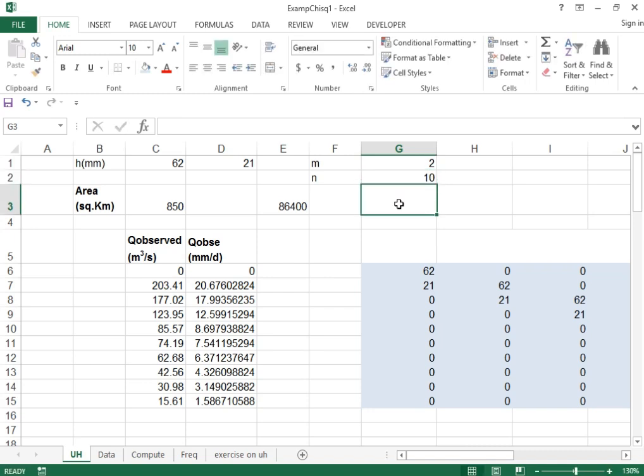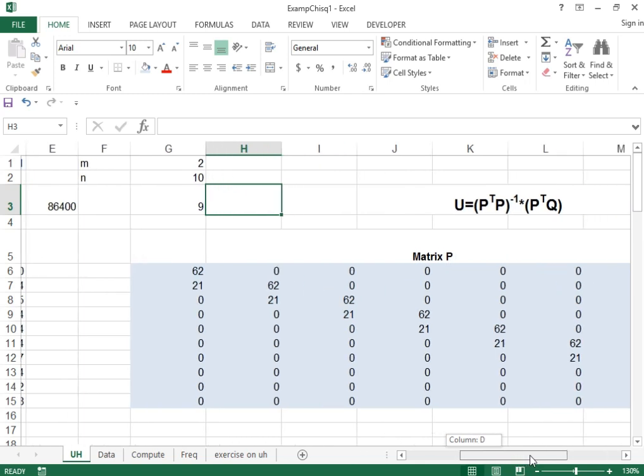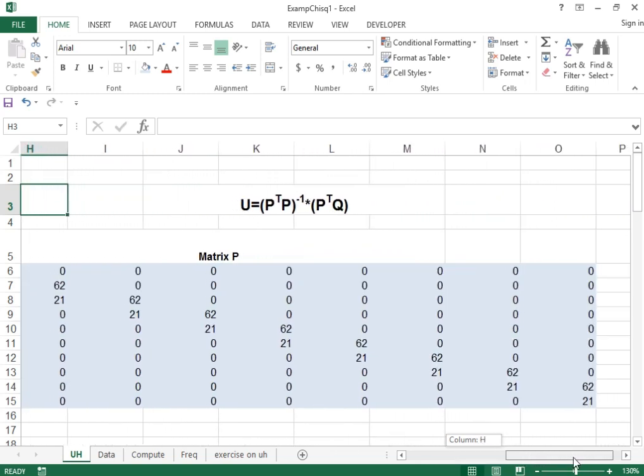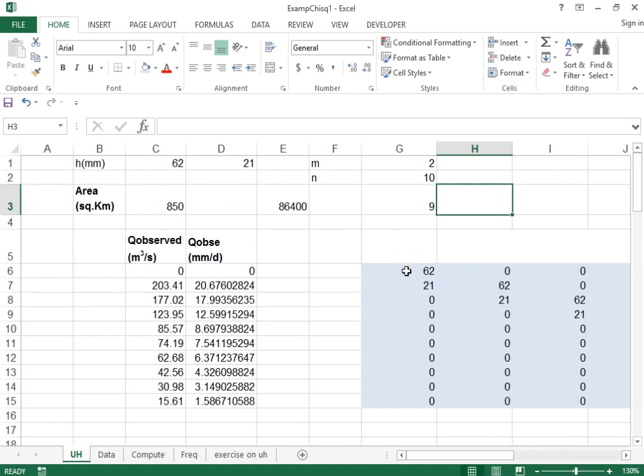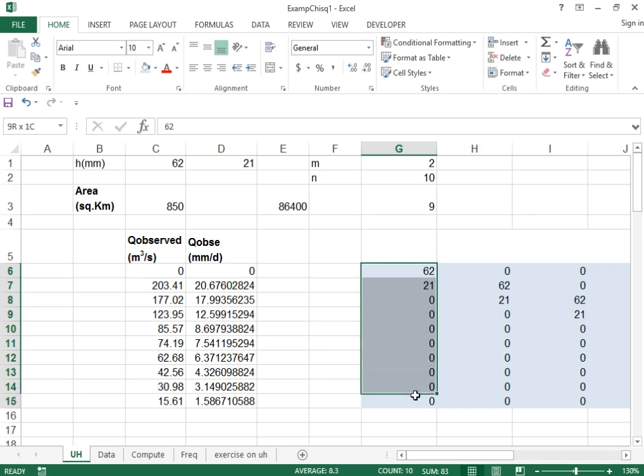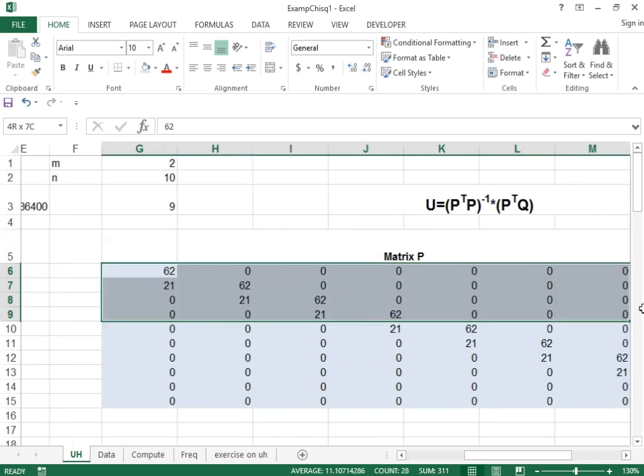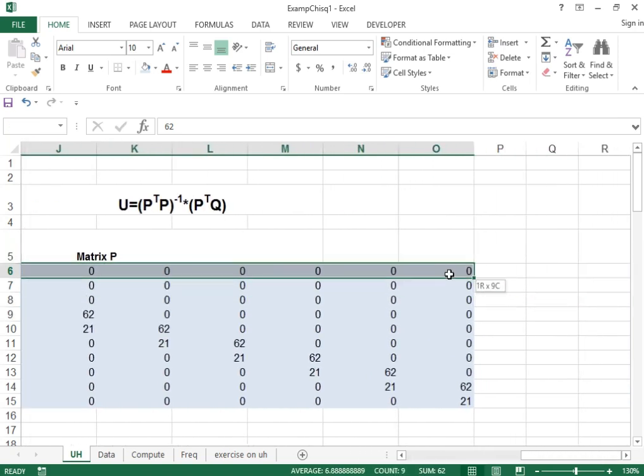Therefore the number of ordinates here is, how much? 10 minus 2 plus 1. Therefore we should have 9 ordinates. Therefore you can proceed up to 9. This one is 10, but on this side you can have 9.